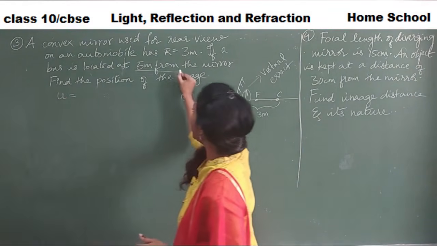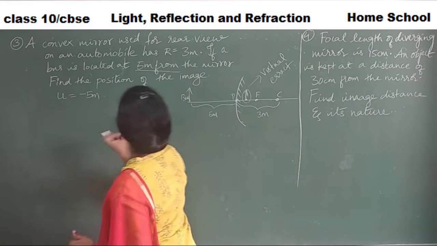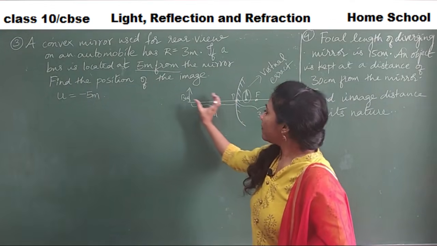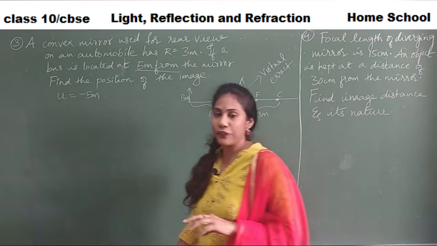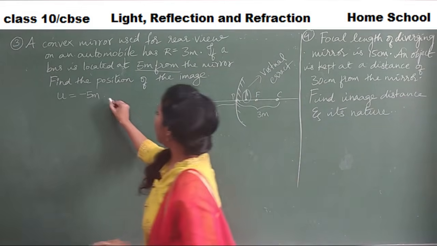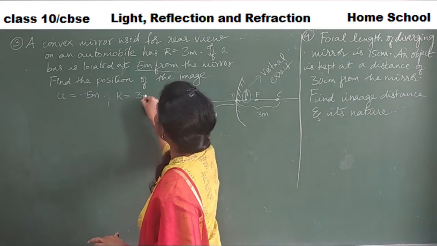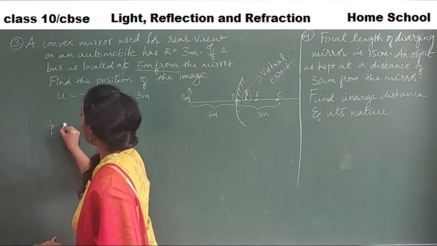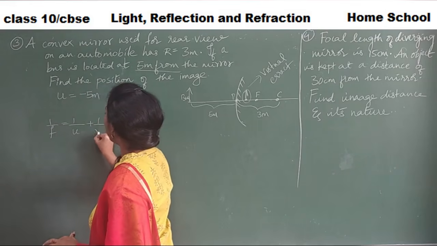How much? 5 meter. So it is minus 5 meter you have to take, because the object is always in front of the mirror. So whichever distances you measure in front have to be considered as negative values. Okay, fine. And what else is given? Radius is given, guys. Radius is given as 3 meter. But for our formula, what do we want? What is our formula? 1 by f is equal to 1 by u plus 1 by v.